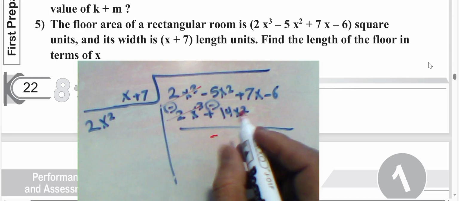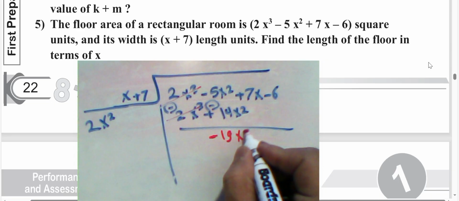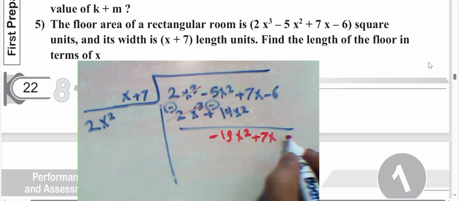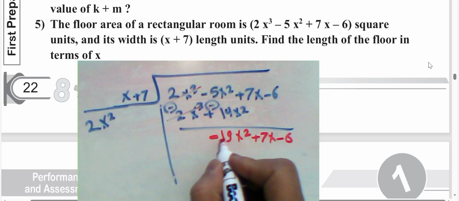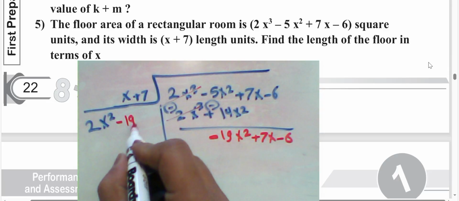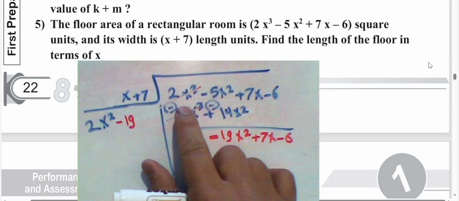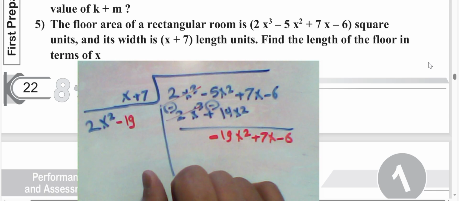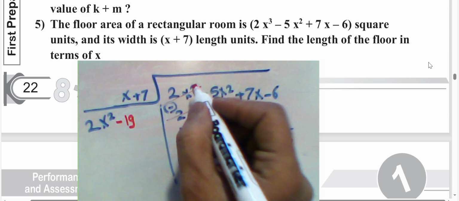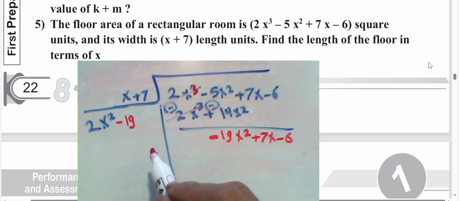It will be negative 19x power 2 plus 7x minus 6. Negative 19 divided by 1 will be negative 19. Is it correct or not? We have again 2x power 3 minus 5x power 2 plus 7x minus 6.